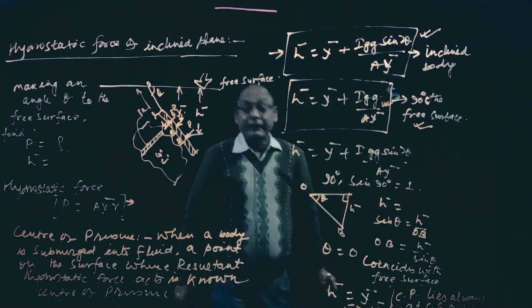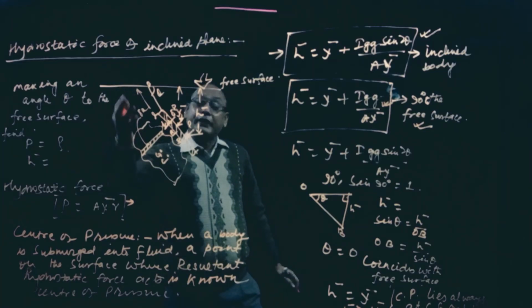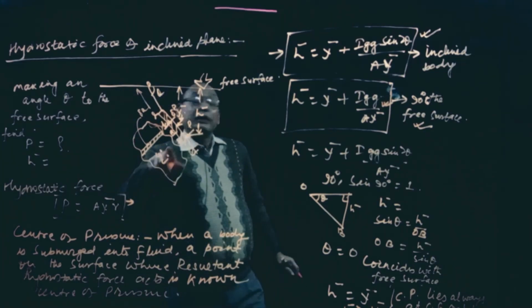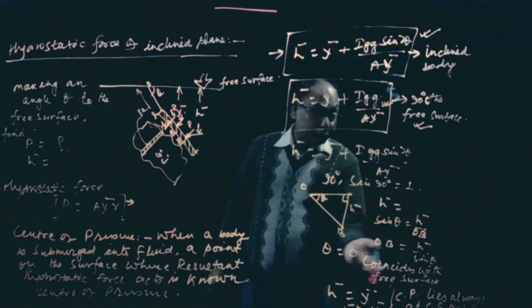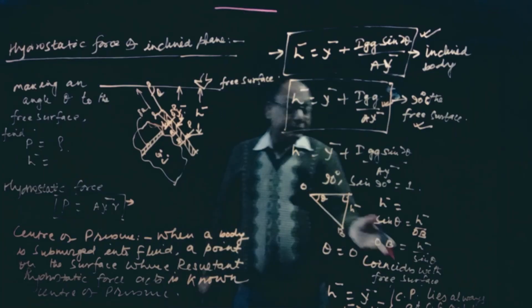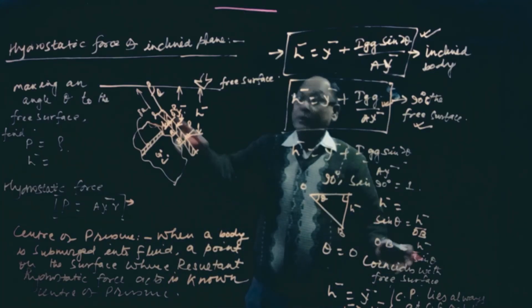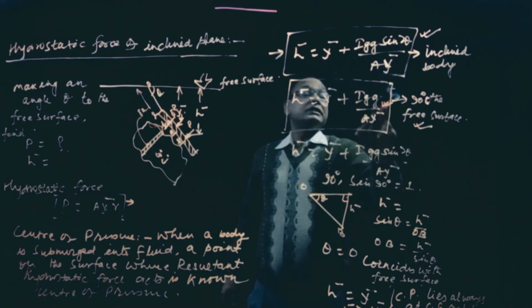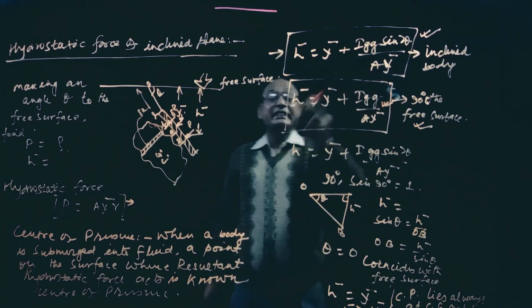It cannot lie above the center of gravity, because as I showed in the derivation, when theta is equal to 0 and the surface coincides with the free surface, the second term becomes 0, since sin 0 is 0, so h dash is equal to y dash. That is one case.